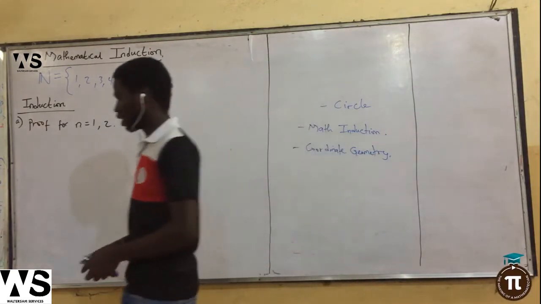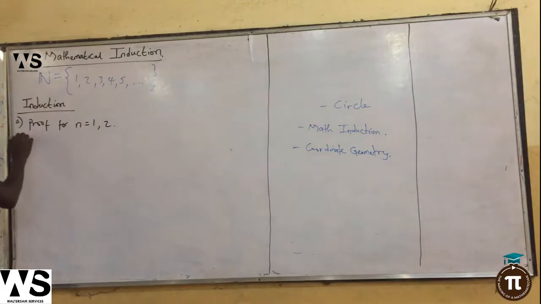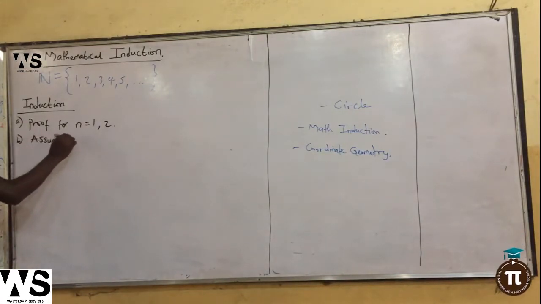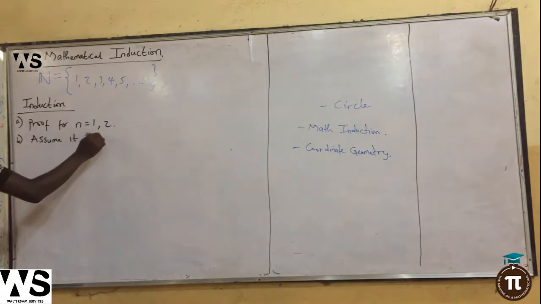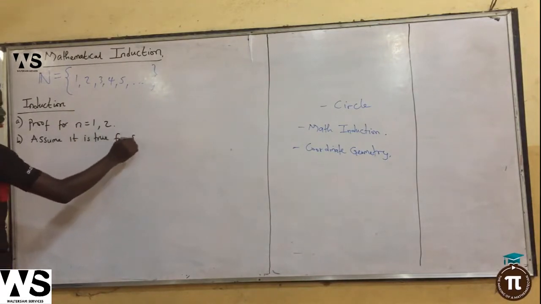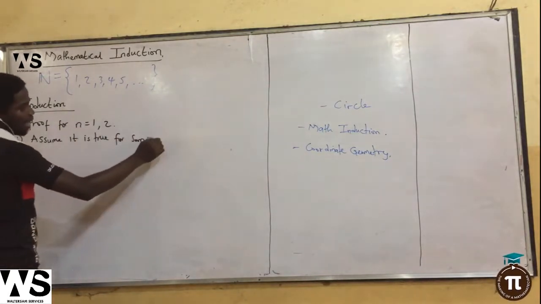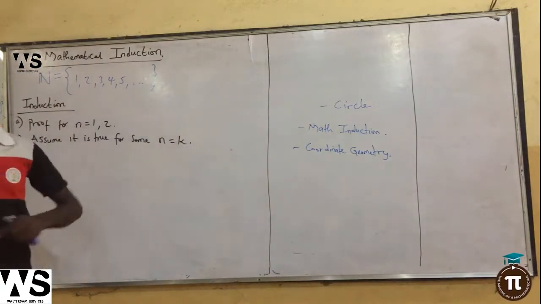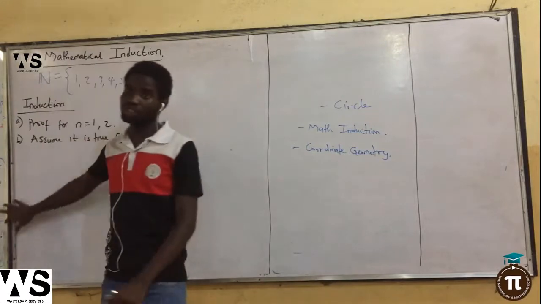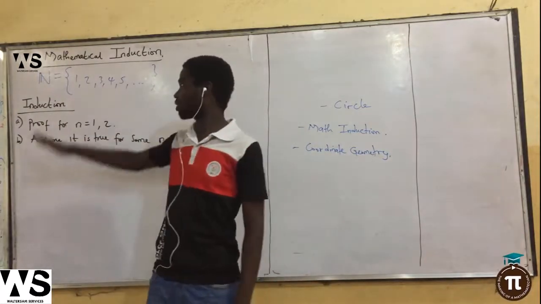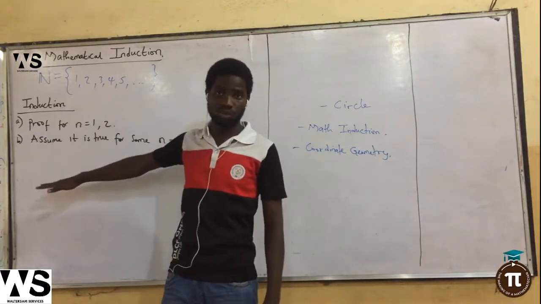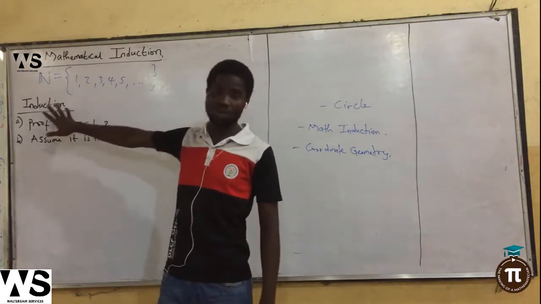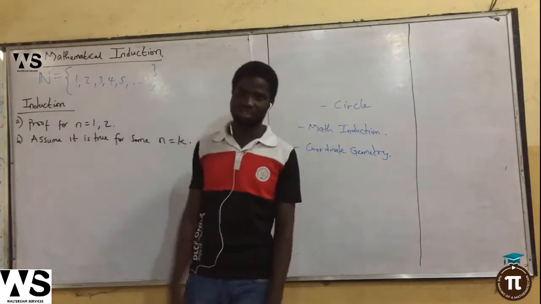The second one, you will assume it is true for some n equal k. This one also means something, don't worry. By the time I'm done writing all you need to do to conclude what we call induction, I will explain all these things.